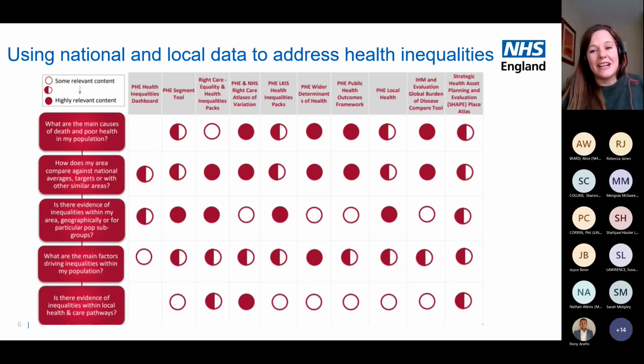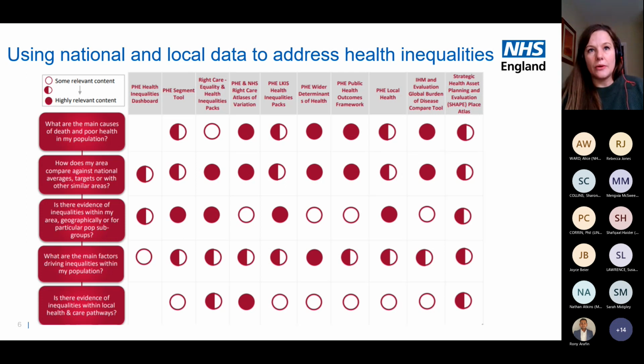This is a nice representation of how some of the tools address each of these questions and the amount of relevant content that you will get in each of these tools to answer each of the questions. I think this is quite a nice way of mapping your data to your questions, so it might be something you'd think to do with some of your work areas, perhaps.